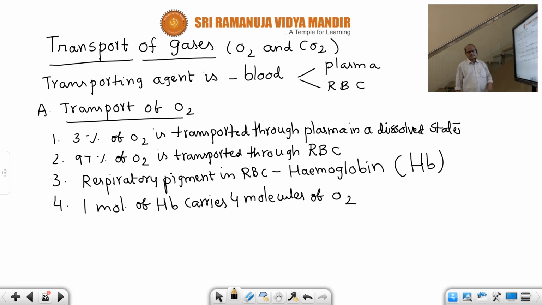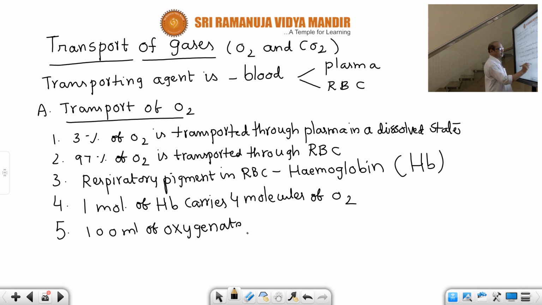Another numerical status. I had already told you numerical status is there. So that's why, 100 ml of oxygenated blood delivers 5 ml of oxygen.